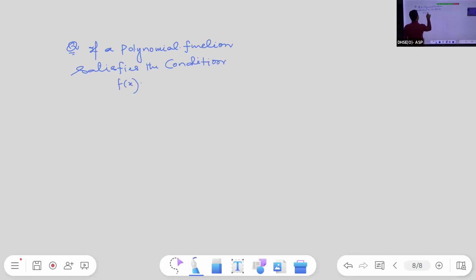If a polynomial function satisfies the condition f of x into f of 1 by x is equal to f of x plus f of 1 by x, and f of 10 is equal to 1001, find f of 20.